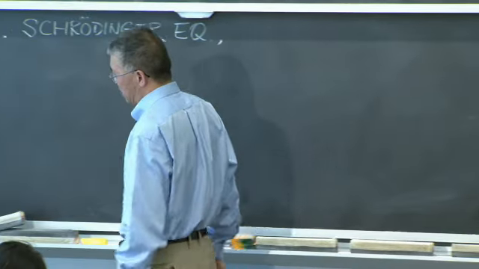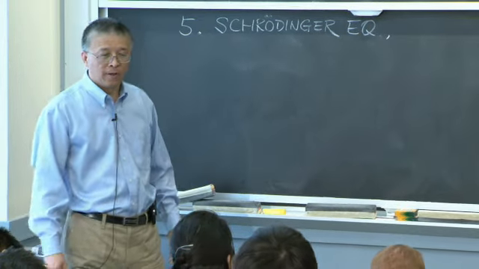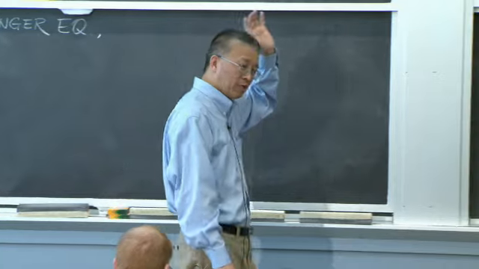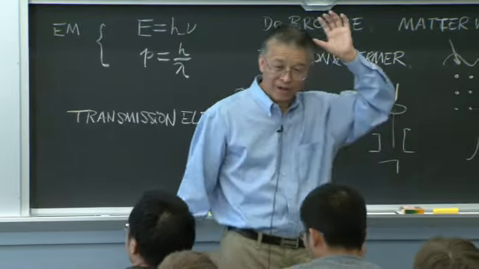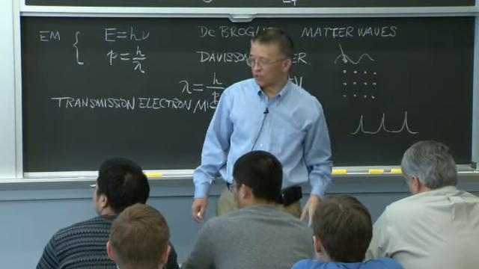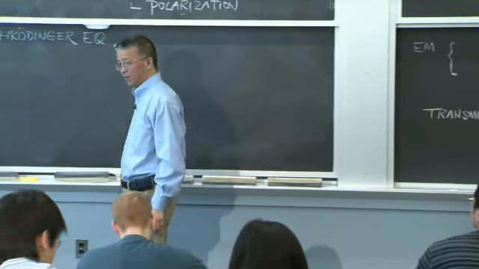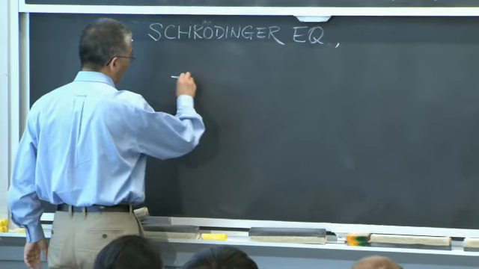And the story was that Schrodinger was in a summer school and learned about the de Broglie idea of the material wave, and somebody said there should be a wave equation for this material wave. So Schrodinger wrote the wave equation for the material wave.